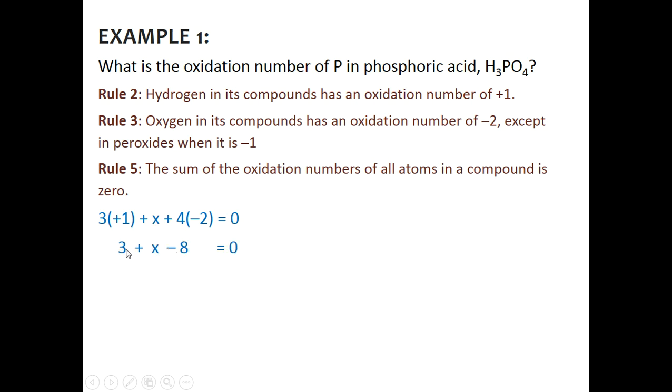So the hydrogens total up to 3, the oxygens total up to -8. So I can solve for X by bringing the 3 and the -8 across to become -3 and 8. And so I can say the oxidation number of the element phosphorus in the species phosphoric acid is +5.